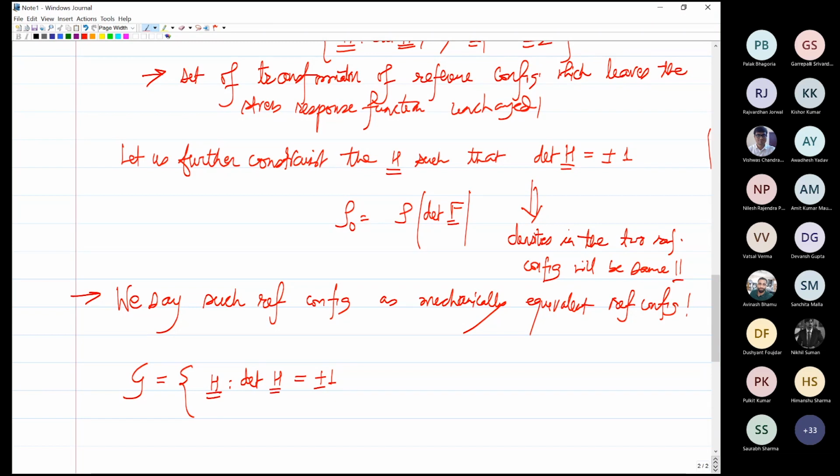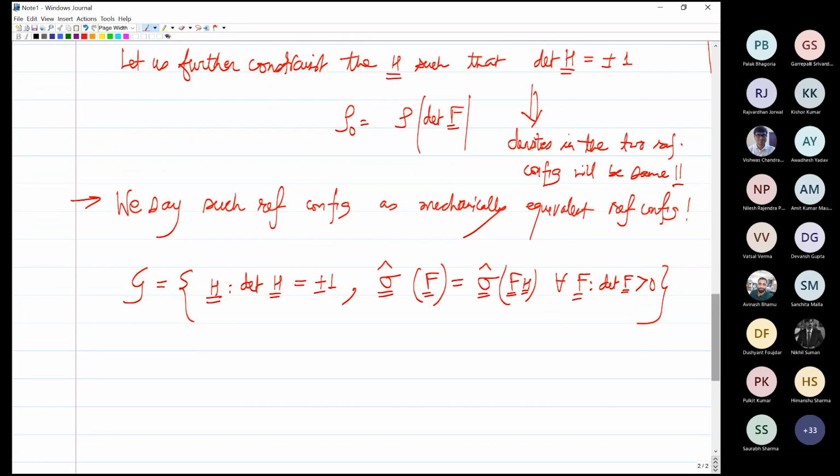So we are also allowing minus 1, because like I said, that H does not correspond to any continuum mechanics deformation. So think of all H such that det H is equal to plus minus 1 and sigma hat of F is equal to sigma hat of FH for all F such that det F is greater than 0. So this forms a group, and this is called the symmetry group of the material.